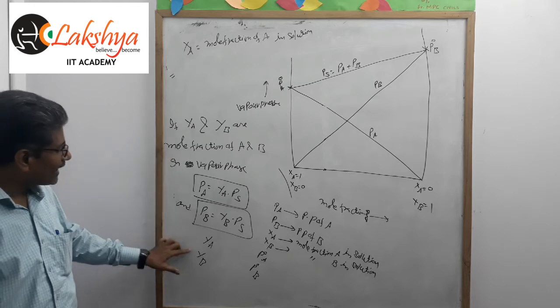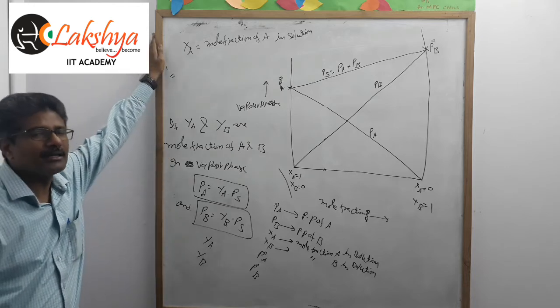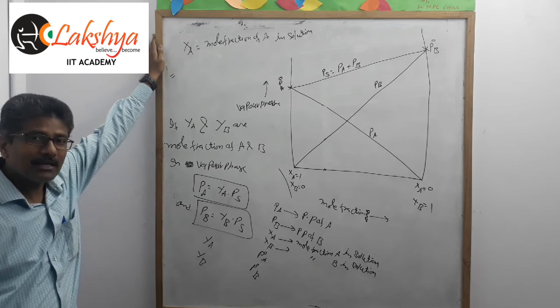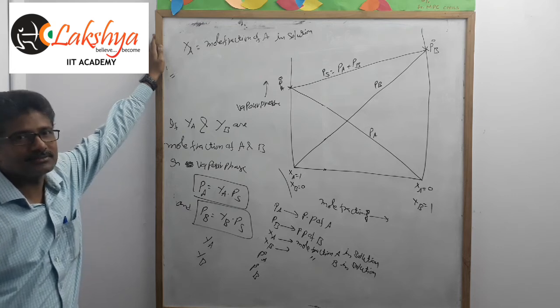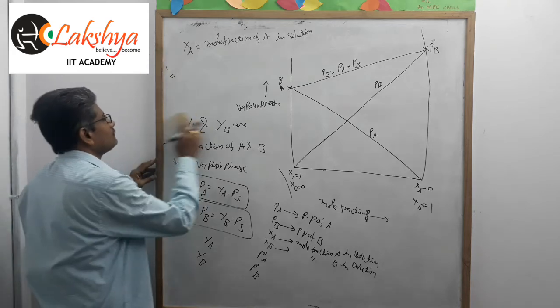Write down. YB is mole fraction of B in vapor phase. It's very, very important. Then we'll do one problem on this concept.